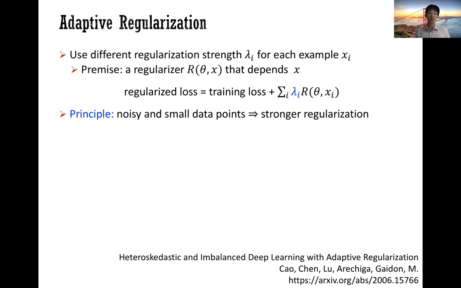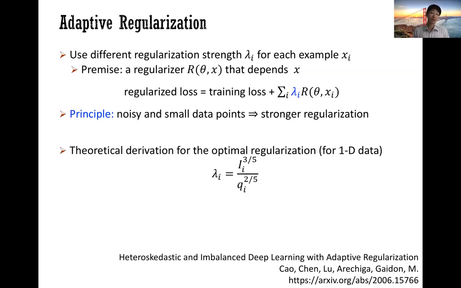Now the principle, again, is still that noisy and small data points will imply stronger regularization. And actually, we did some theoretical derivation on how strong you want it to be. This is only done for one-dimensional data. For one-dimensional data, we derive that the optimal regularization should be lambda_i equals I_i to the power of 3/5 over Q_i to the power of 2/5.